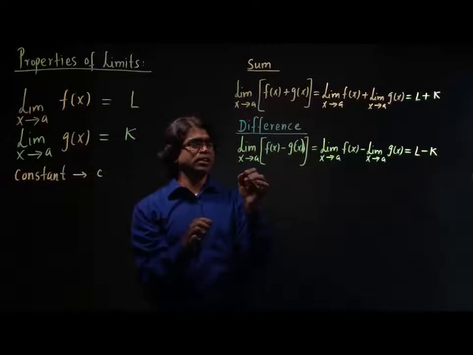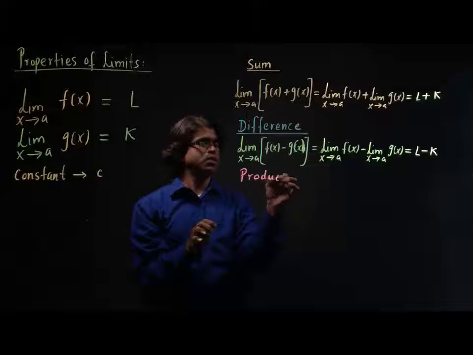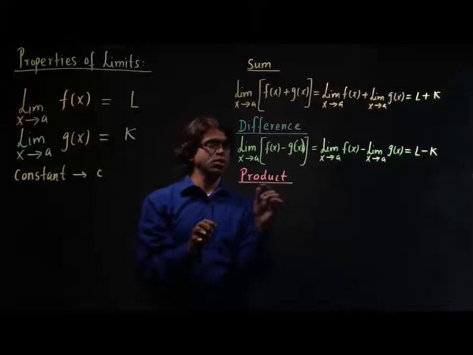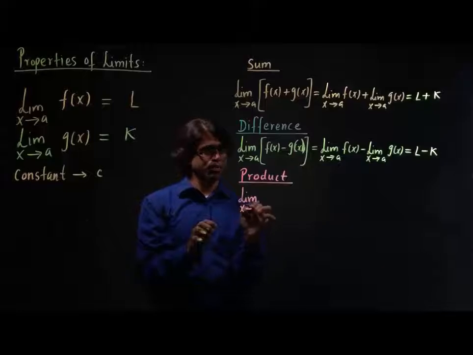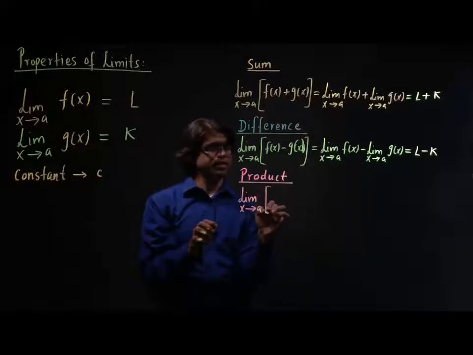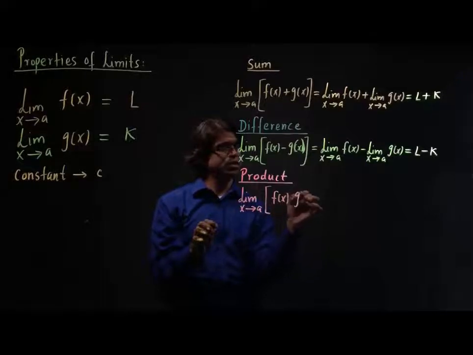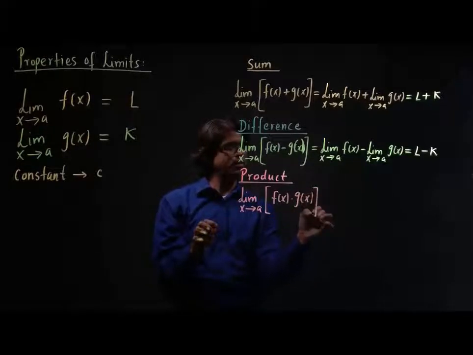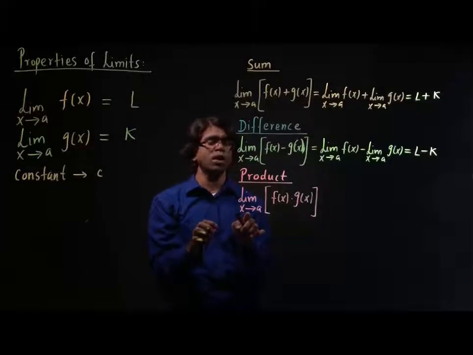Now let's find a third property, which is product. So the limit x tends to a, inside the bracket I have f(x) times g(x), and if I have the product of two functions and I'm finding the limit, what will I do?